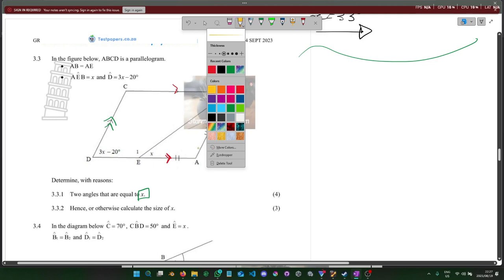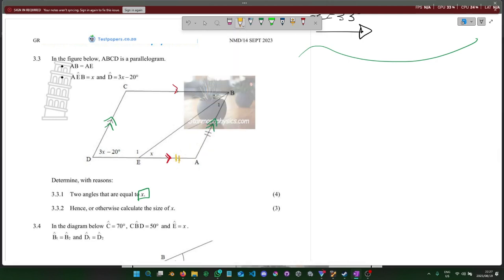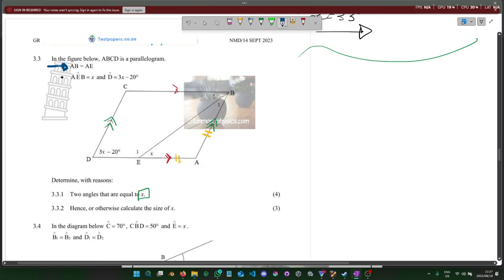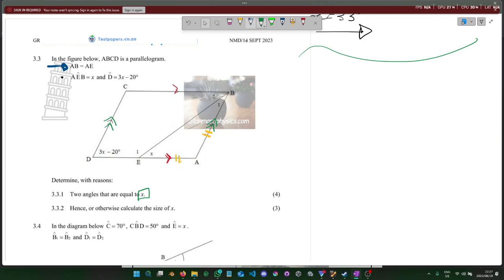But we also have that this side is equal to this side, right? All right. So let's do it in the order that they gave us, right? So they gave us that AB, which is this one, is equal to AE, right? So since they gave us that one first, let's try and work with that one, right?